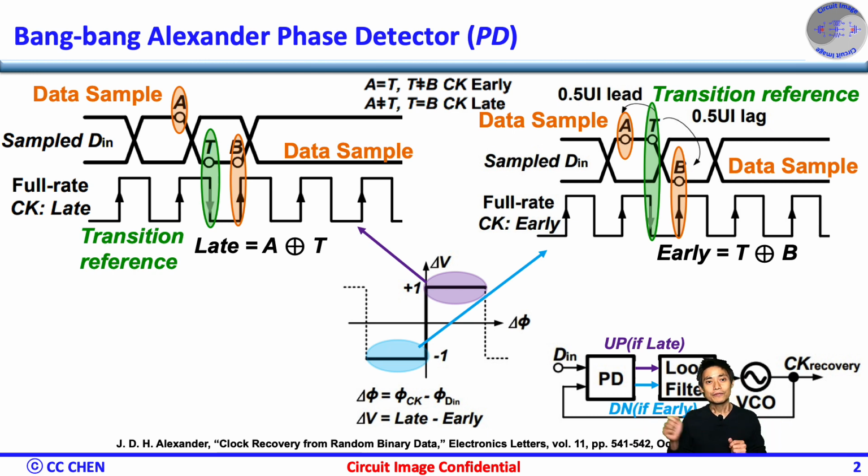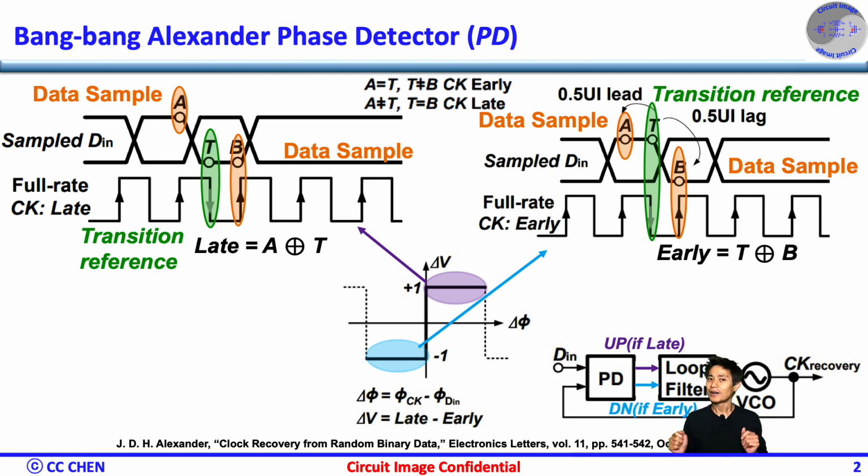So, the phase detector is the heart of the CDR loop, which should provide the early-late information, or down-up controls, to slow down or speed up the clock phase immediately.